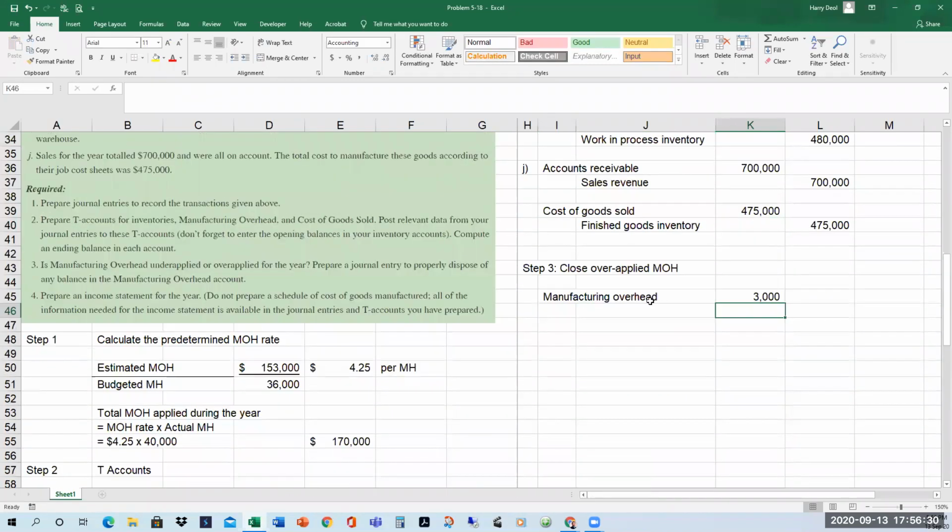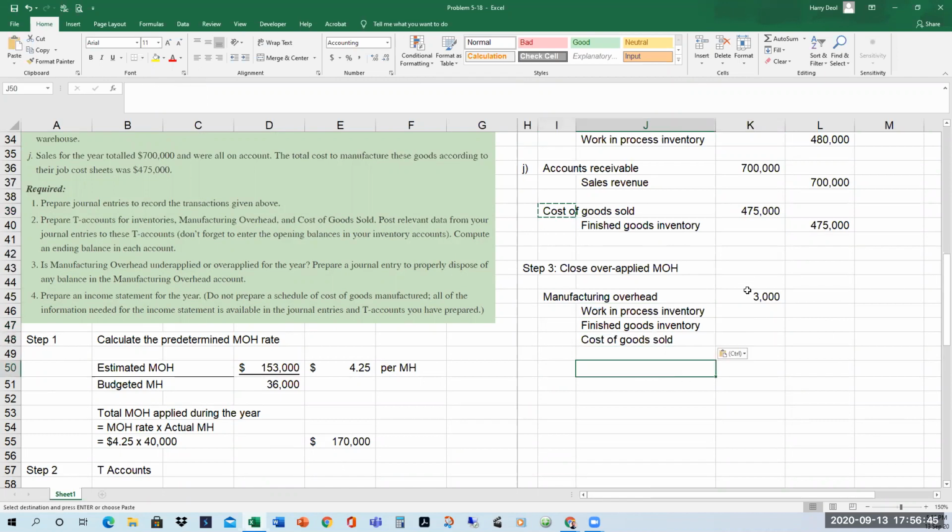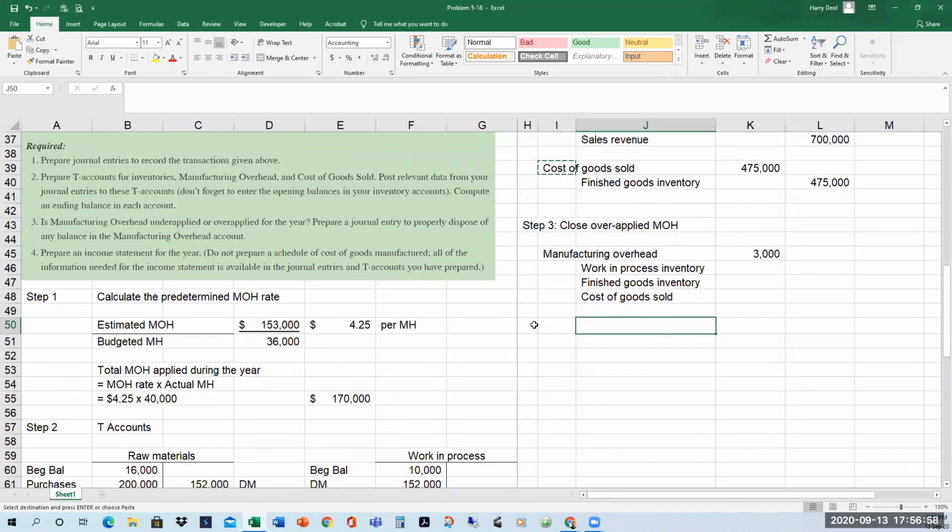And we will credit work in process inventory, finished goods inventory, and cost of goods sold. So this $3,000 of the overapplied manufacturing overhead will be allocated amongst work in process, finished goods, and cost of goods sold. How much should be allocated will call for a calculation.